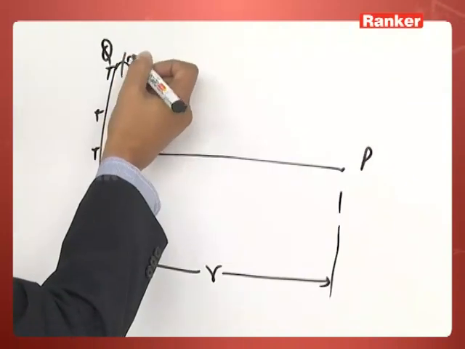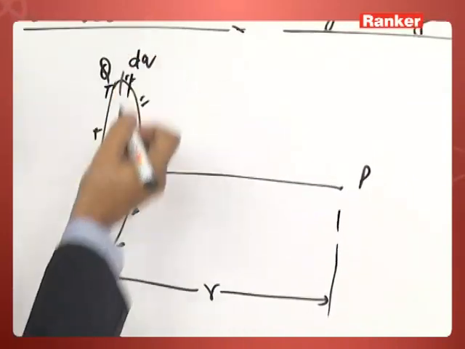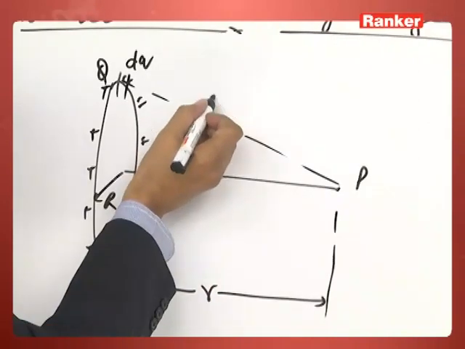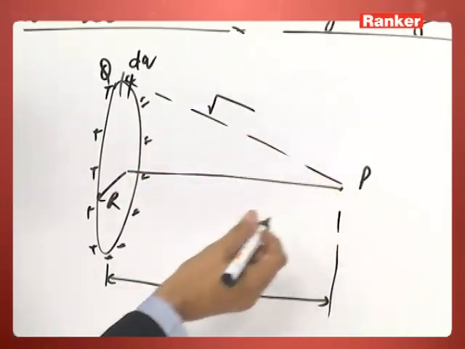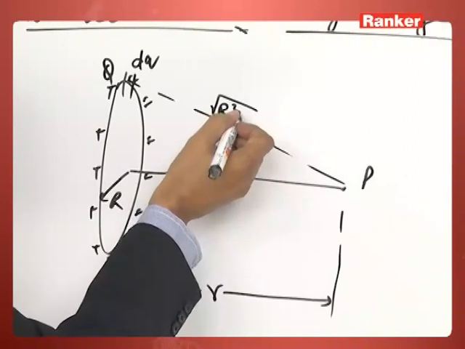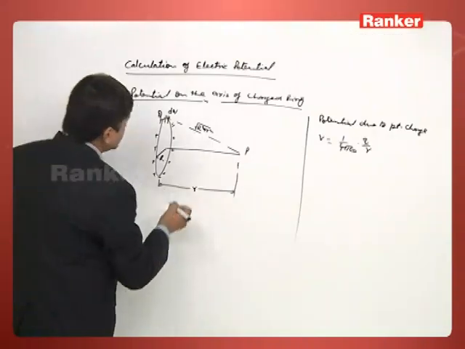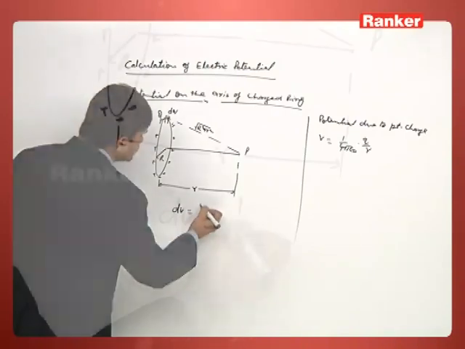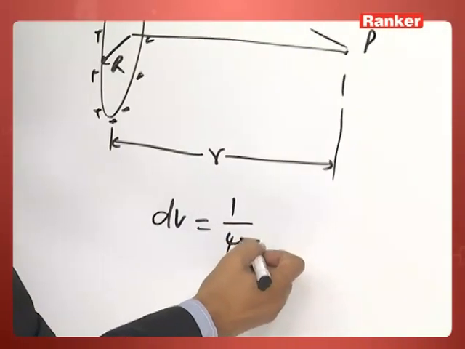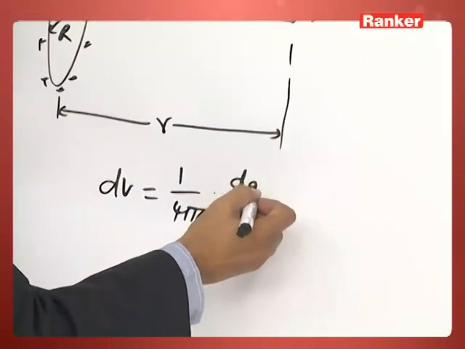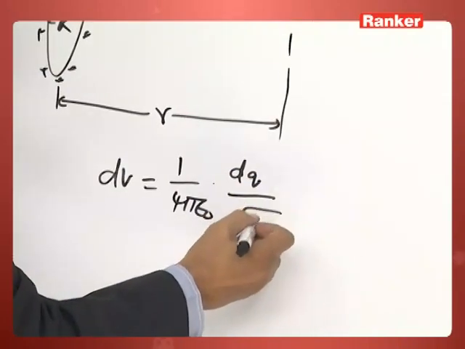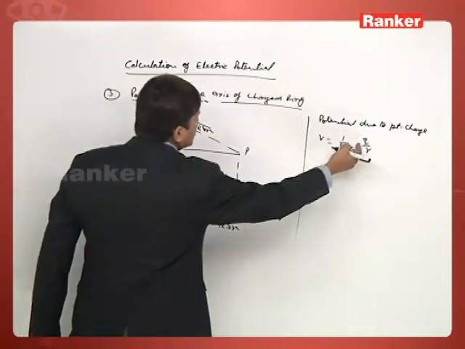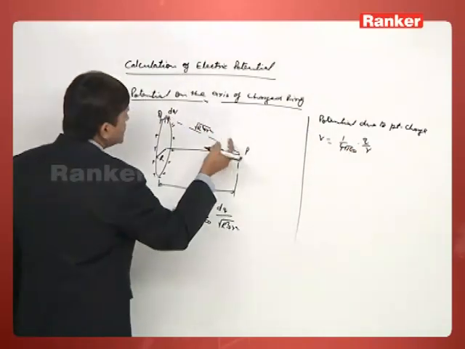I took a small element having charge dq, and its distance from point P is root over R square plus r square. So the potential due to this small element is dV equals 1 by 4 pi epsilon naught dq by root over R square plus r square. It is just like a point charge: charge by distance.